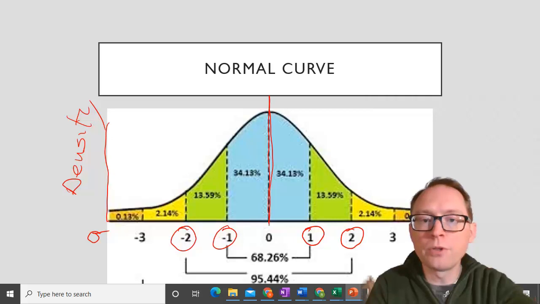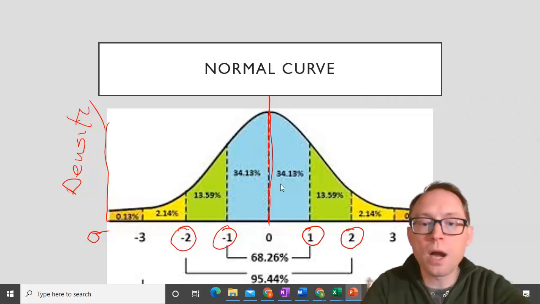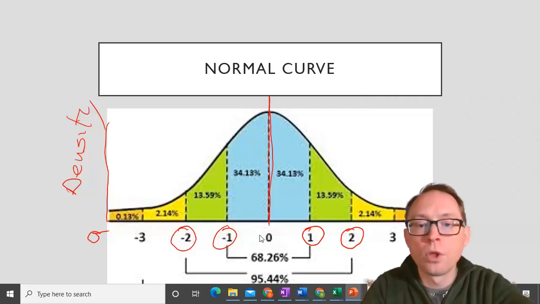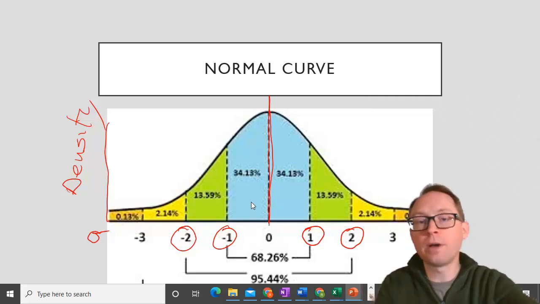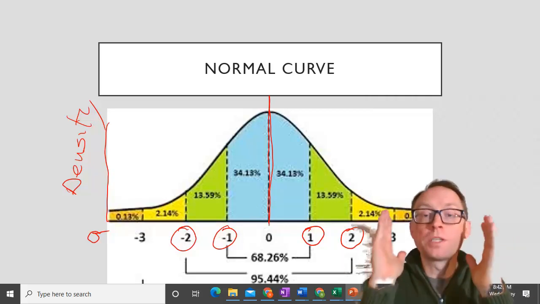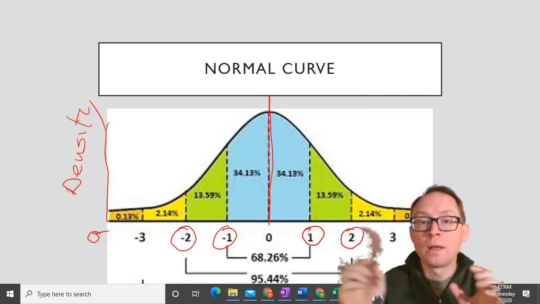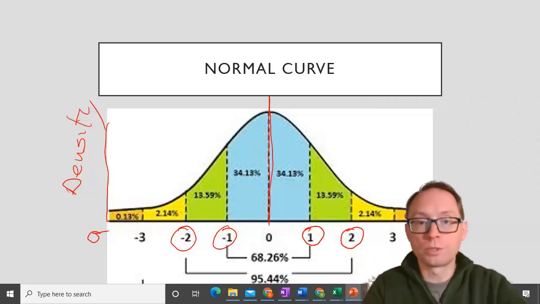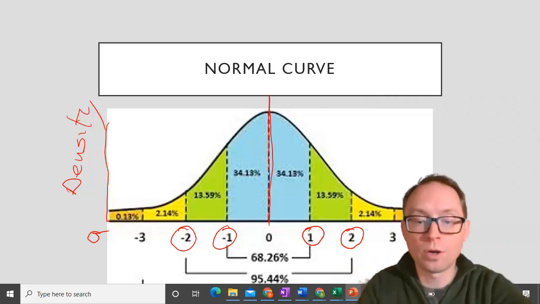The reason we do this is that when we're talking about the normal curve, if we know the number of standard deviations and it's a normal distribution, then we can tell not just 50% above and 50% below, but proportions in between and all sorts of cool stuff with the normal curve.